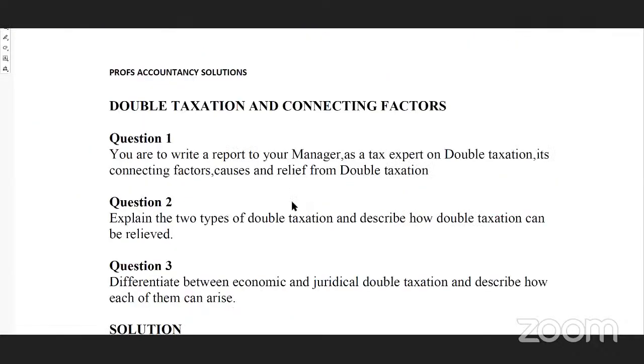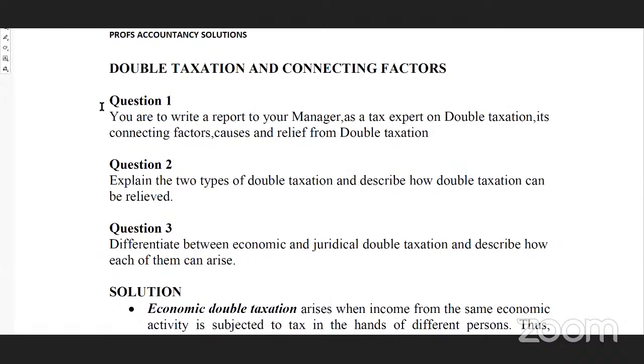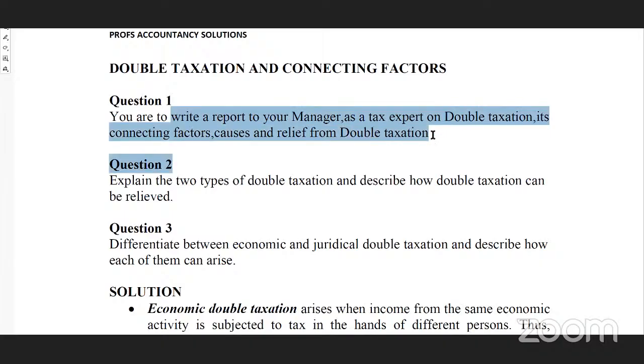So see, question 1. You are to write a report to your manager as a tax expert on double taxation, its connecting factors, causes and relief from double taxation. Have we not learned this? Yes, we've done that. So what is double taxation? We know.